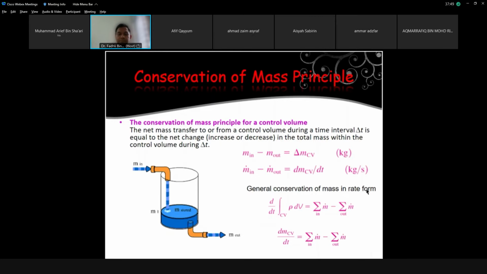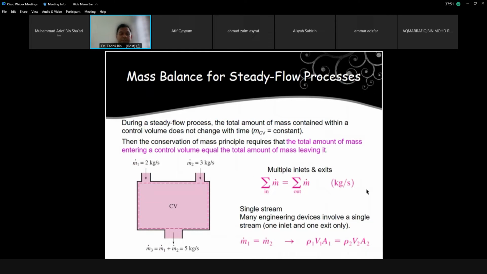Okay. Here this one, mass balance ataupun conservation. Tadi conservation of energy principle, but now is mass balance equation. It's very same actually. Principle is the knowledge about conservation of mass, but now this is the equation. From the knowledge of conservation of mass, we know that the difference is equal to zero.